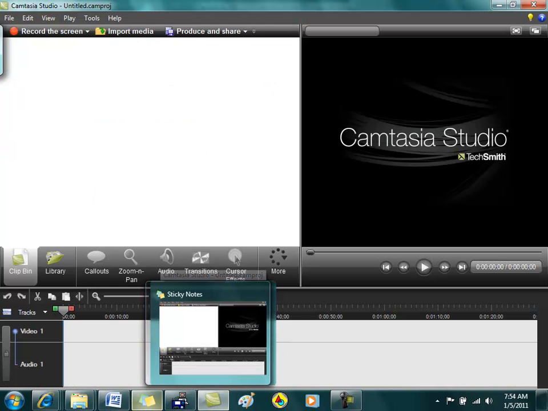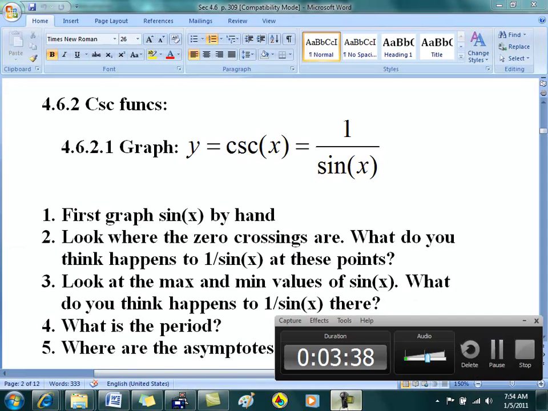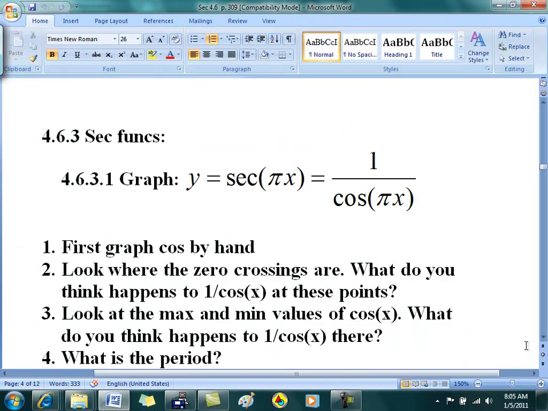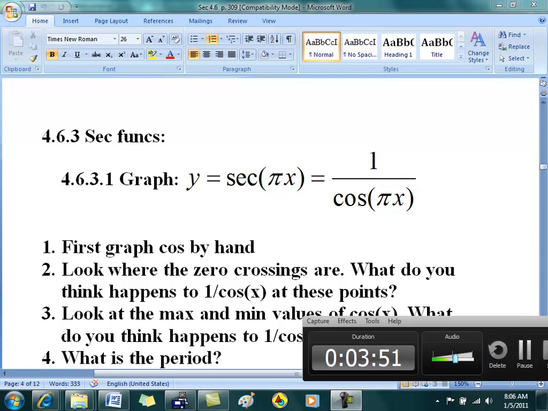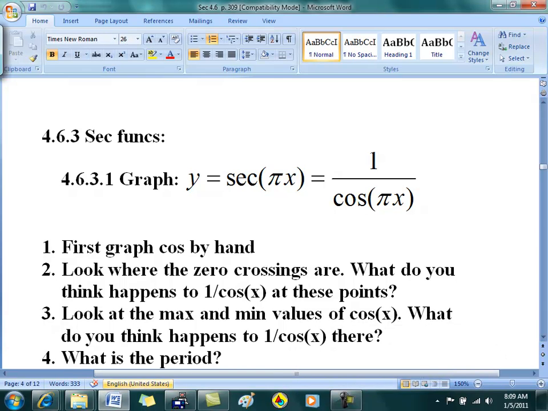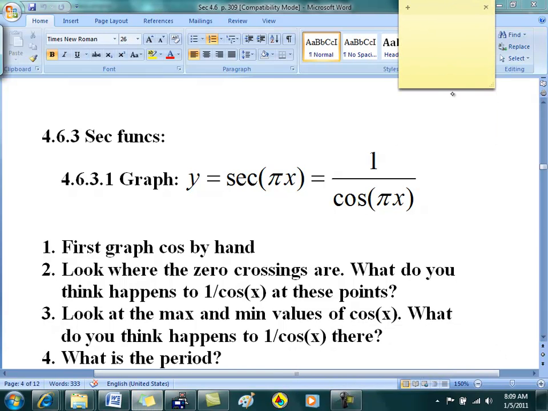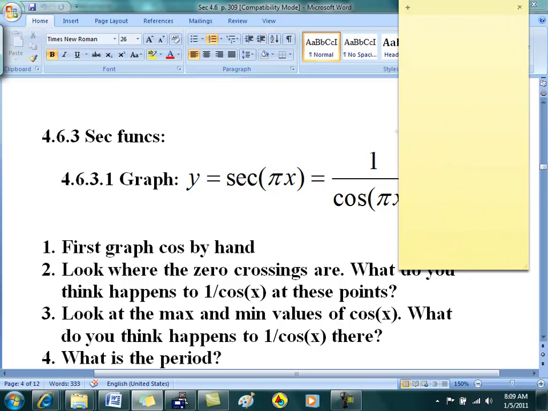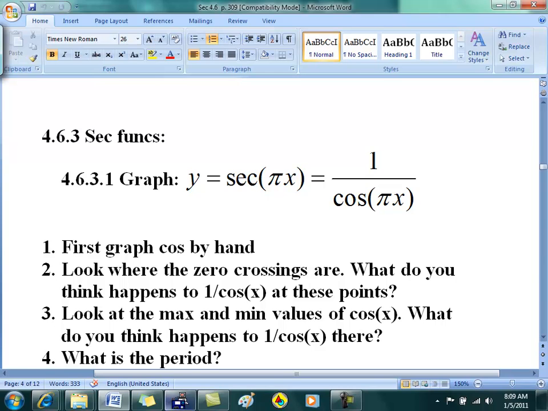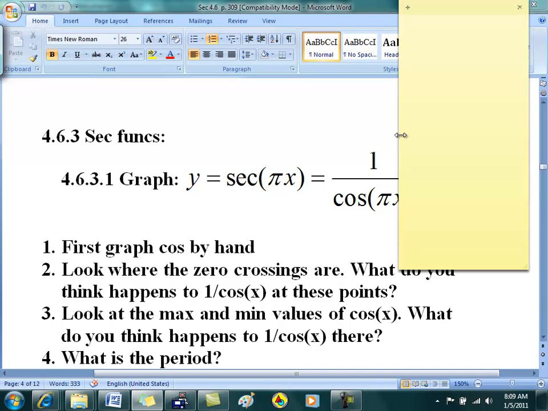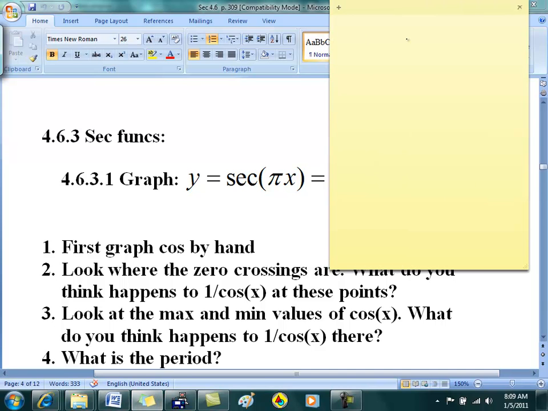We're going to draw secant, which is the reciprocal of cosine, and we guys all know how to do that. You know what? Why don't I give you time to do cosine pi x, okay? So what's x start?